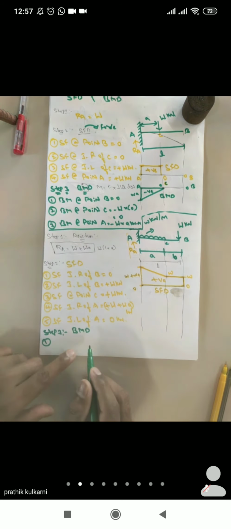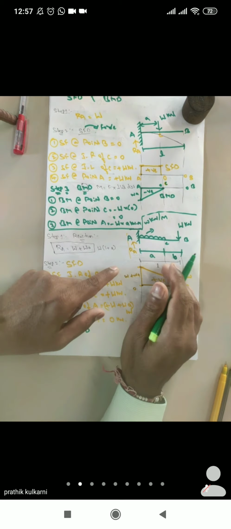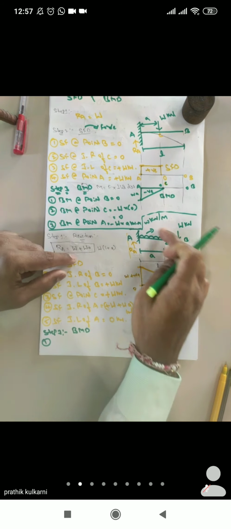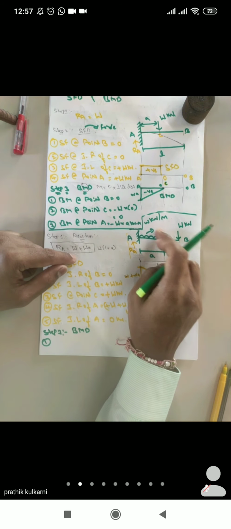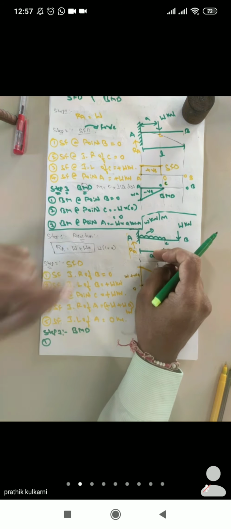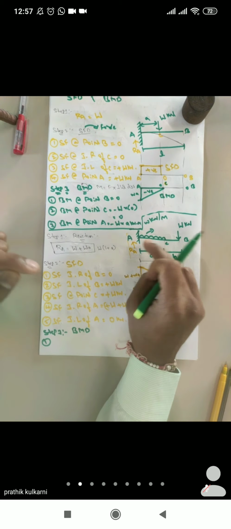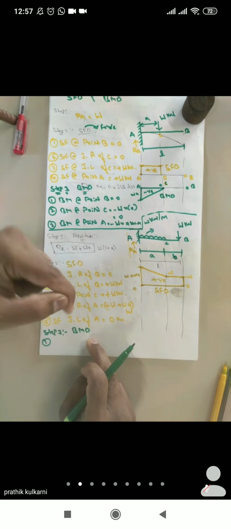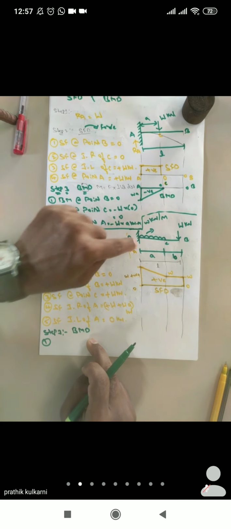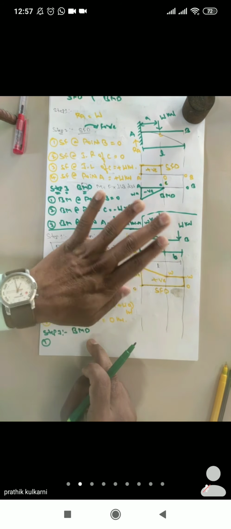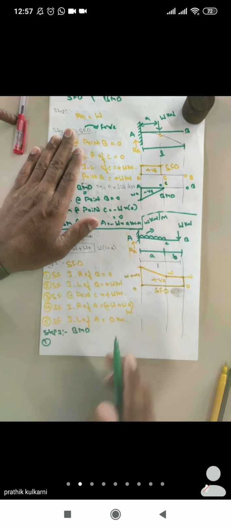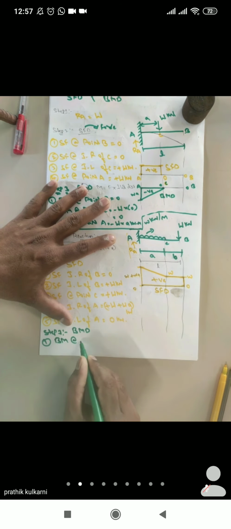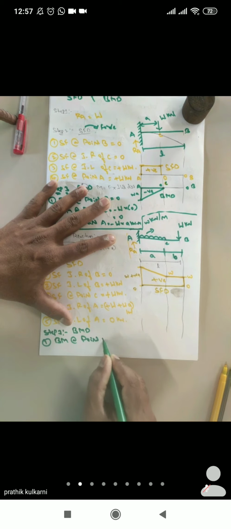But when you come across a couple or a moment in the beam, then in bending moment you have to see just right and just left. Here we don't have any couple or moment, so I'm not taking just left or just right. Directly I can take bending moment at point B.